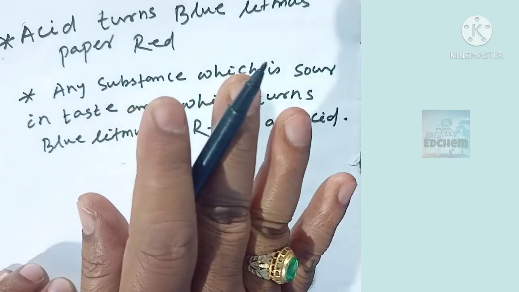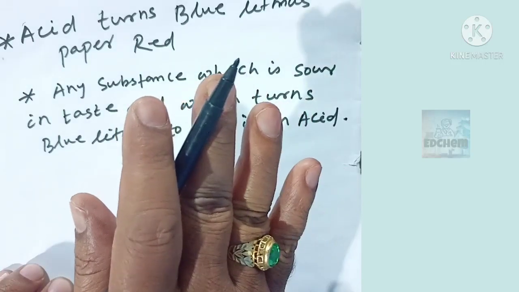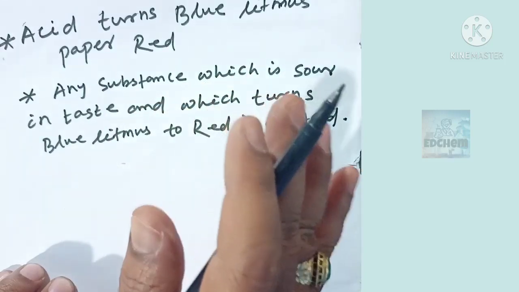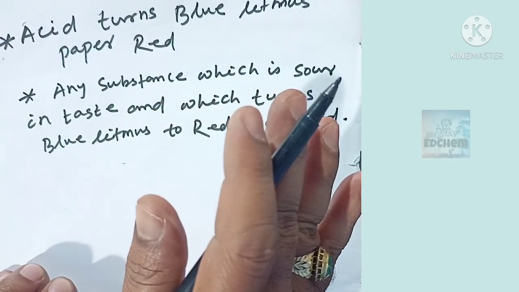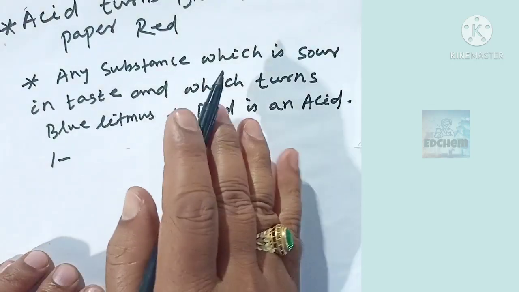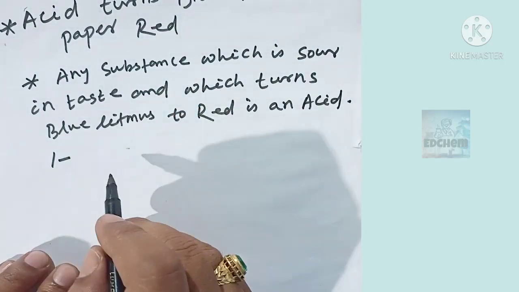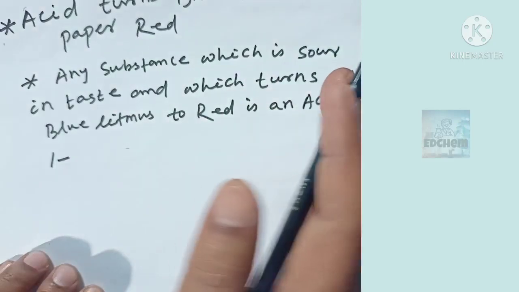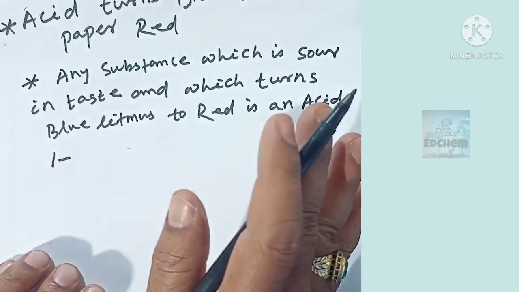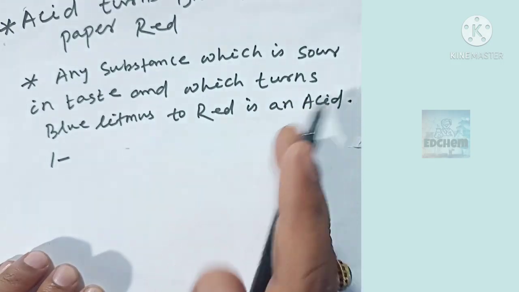Types of acids. We may now classify acids into two categories. One is natural or organic acid, and another is mineral or inorganic acid.